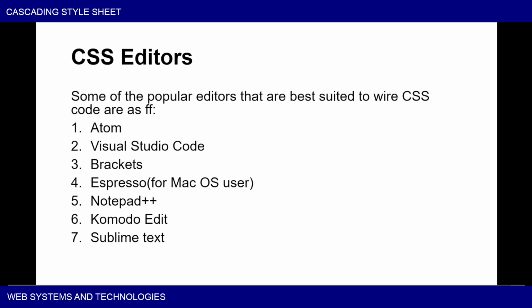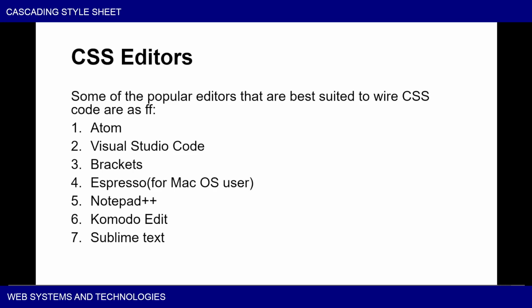So if you're going to ask me, sir, what is the best CSS editor or HTML editor that you can suggest? Well, for me, since I actually used Atom before, and even Visual Studio Code is the one that I'm currently using right now.